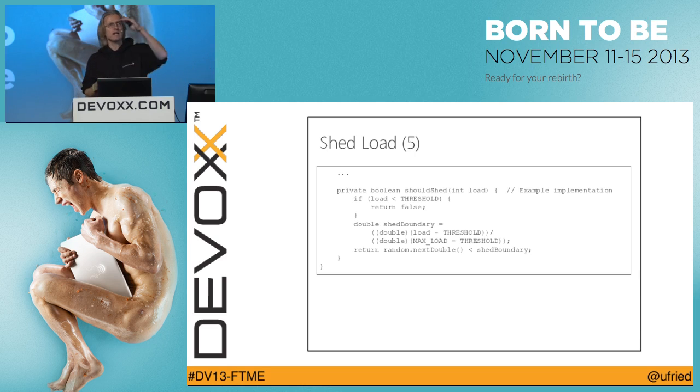And then I just use a random number to figure out if I get a value below the number I just calculated. And if I'm below that, I'm going to shed. That's basically it. It's not the coolest strategy at all, but quite often, at least for stateless servers, that's usually sufficient.